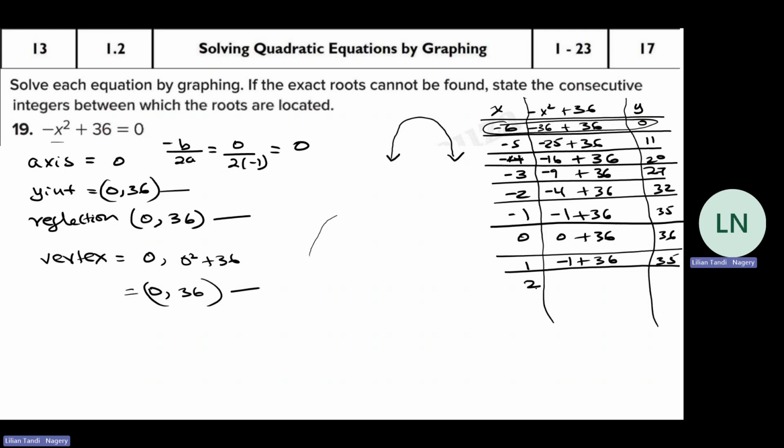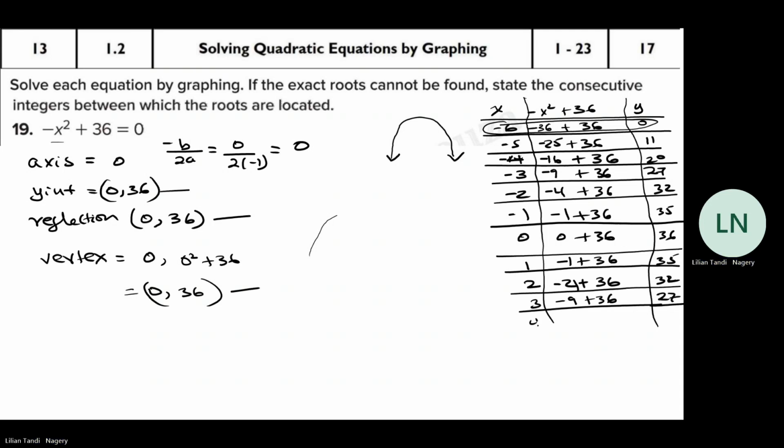Then 2 will give me, what is 2 going to give me? It's going to give me negative 4, which gives me 32. 3 will give me negative 9 plus 36, which is 27.